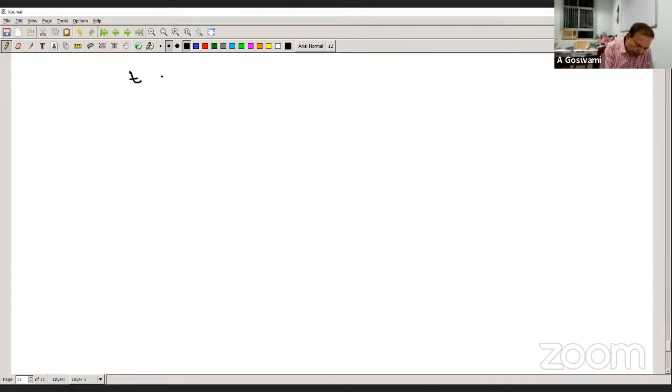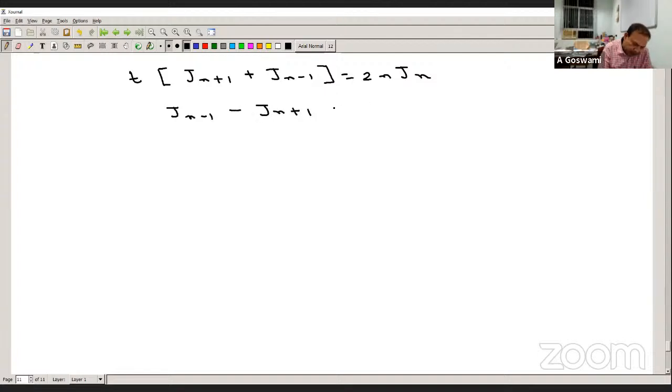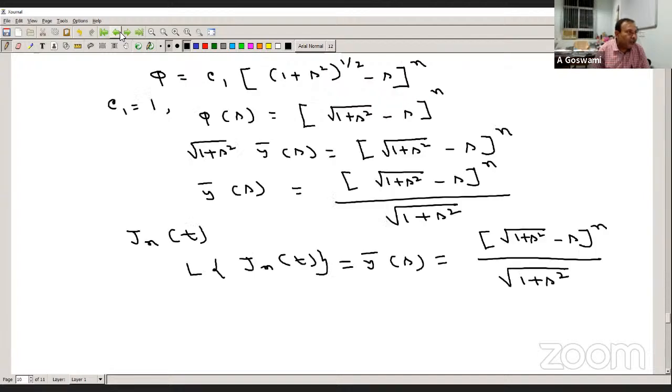One formula you will get from here itself: Jn+1 + Jn-1 = (2n/t) Jn. Using a similar kind of identity, you may obtain Jn-1 - Jn+1 equals twice Jn'.